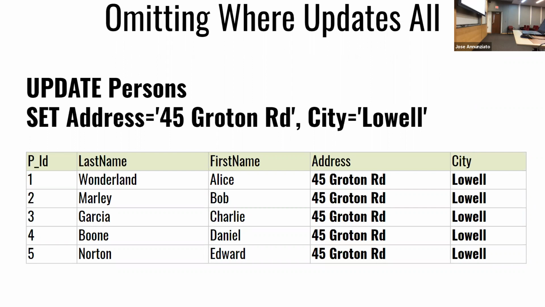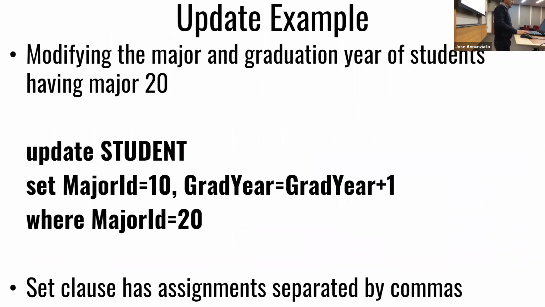We'll talk about re-indexing towards the end, and how expensive they can be. So this was an example of me forgetting the where clause, and it just moved everybody to Lowell. Now everybody's living in Lowell.